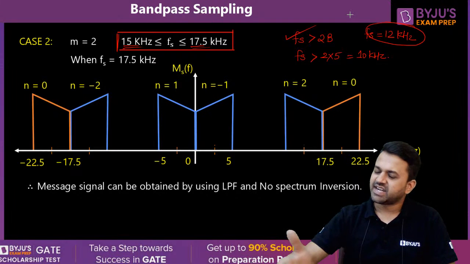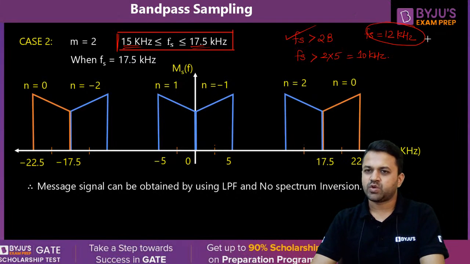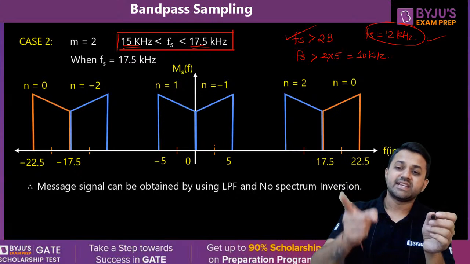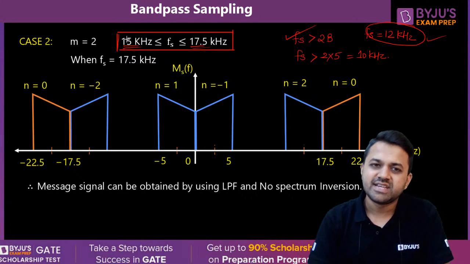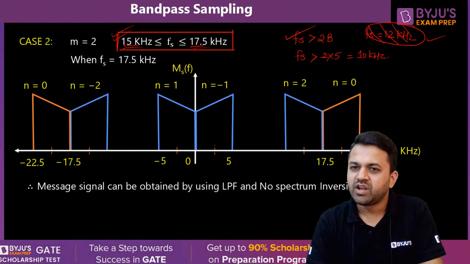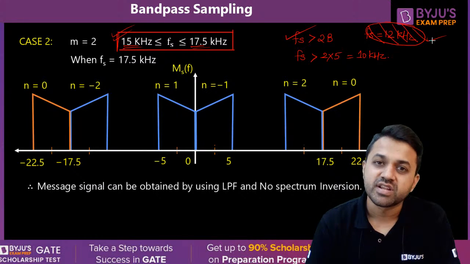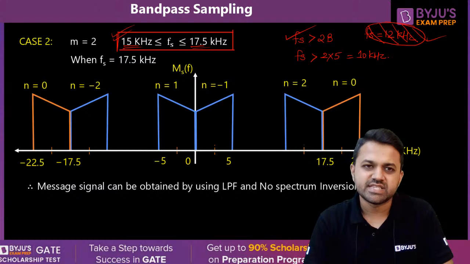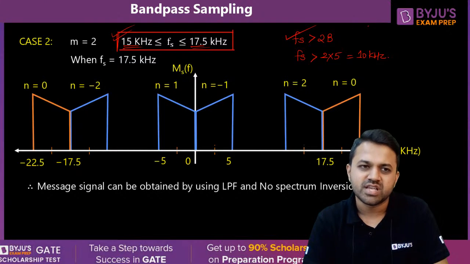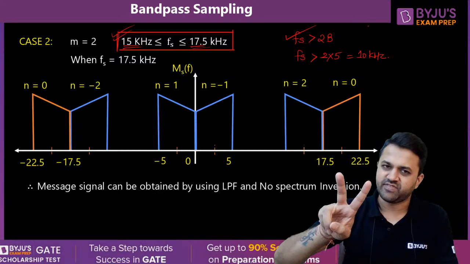This Fs equal to 12 is satisfying the criteria Fs greater than 2B, so 12 is greater than 10, that is correct, but it is not in the desired range. So that is why Fs equal to 12 will not give you proper reconstruction, because both conditions should be satisfied.